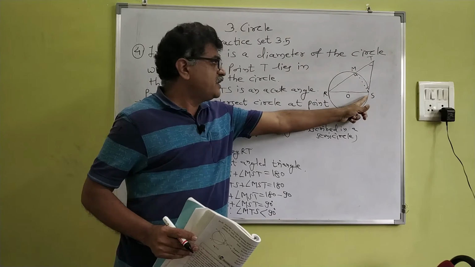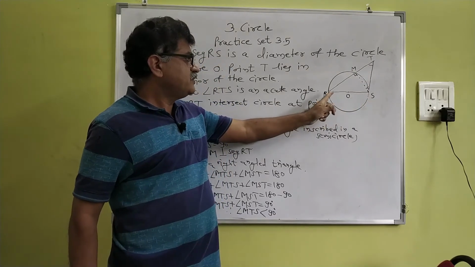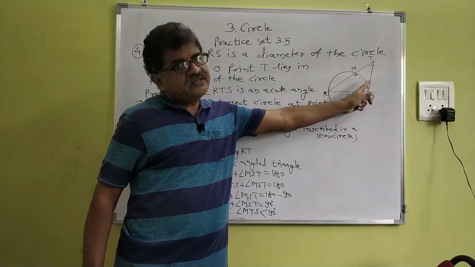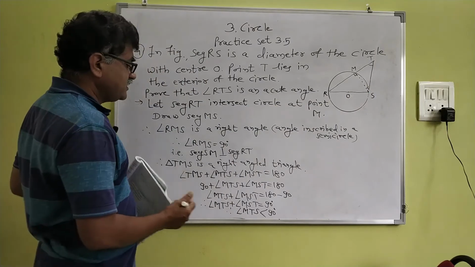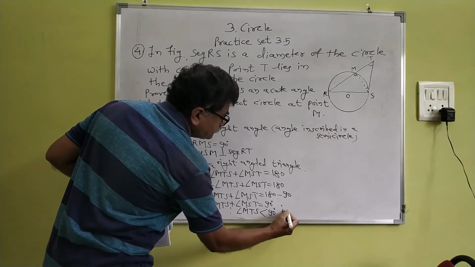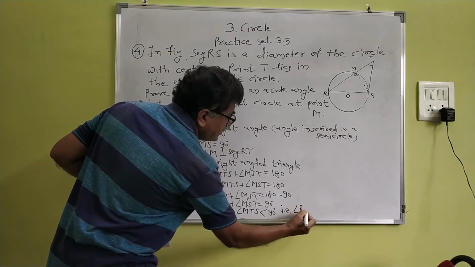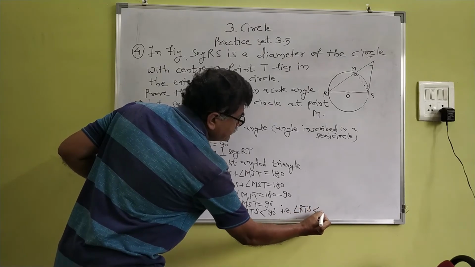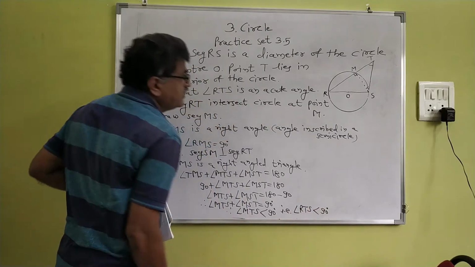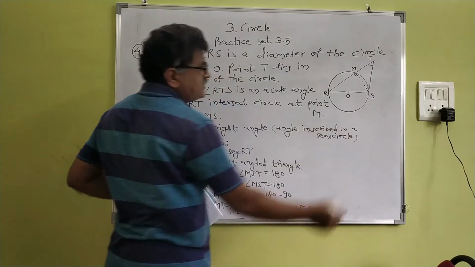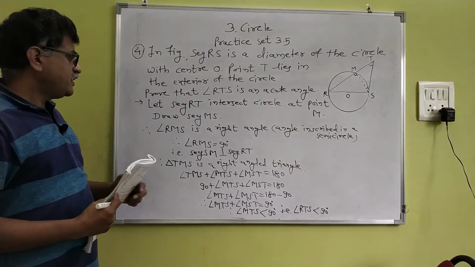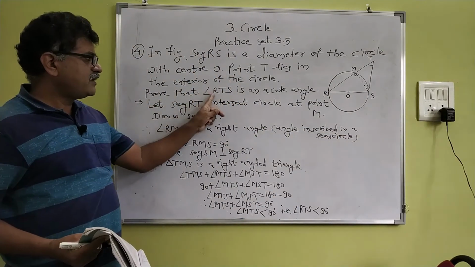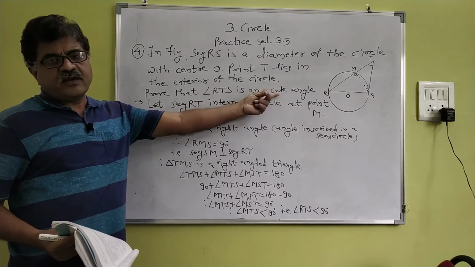Angle MTS is less than 90 degrees, that is, angle RTS is less than 90 degrees. And since angle RTS is less than 90 degrees, we can write that angle RTS is an acute angle.